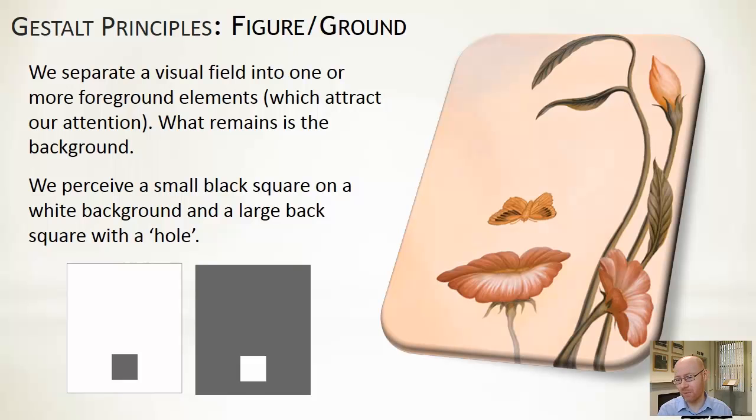Depending on your perspective and which way you're looking at it, either you're viewing the flowers as the foreground element with a leafy stem, or you're viewing it as potentially a female face. Likewise with the squares at the bottom, you can almost swap between these, but most people, when they're looking at the squares, will generally, at least initially, perceive the white one as a white background with a black square, and the darker coloured one as a darker coloured one with a hole in it. That generally is the first perception, though you can swap between the 2 different perspectives.